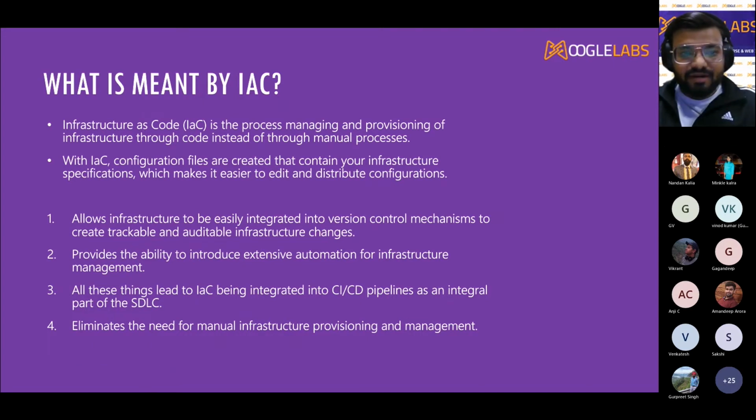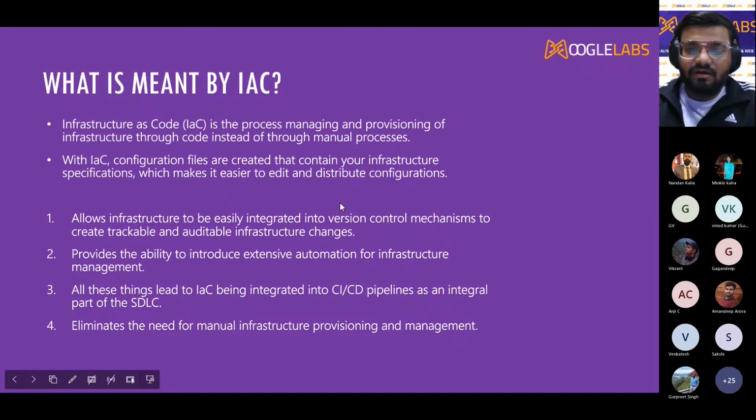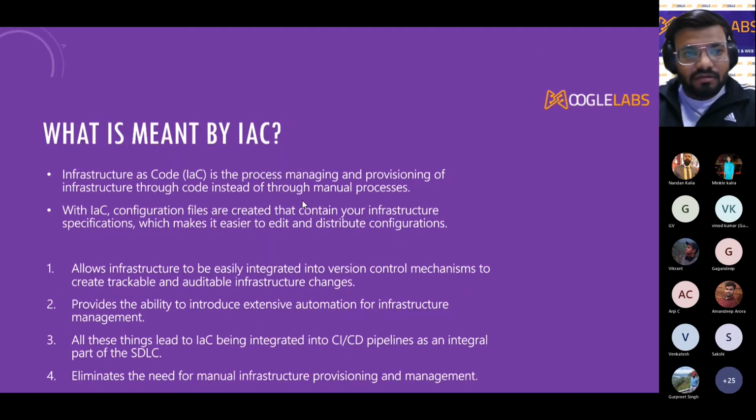So it is the most important part of our DevOps team that we are using infrastructure as code. And all these things lead to IaC being integrated into the CI/CD pipeline as an integral part of SDLC, that is the software development lifecycle. Now we'll move on to our next slide.